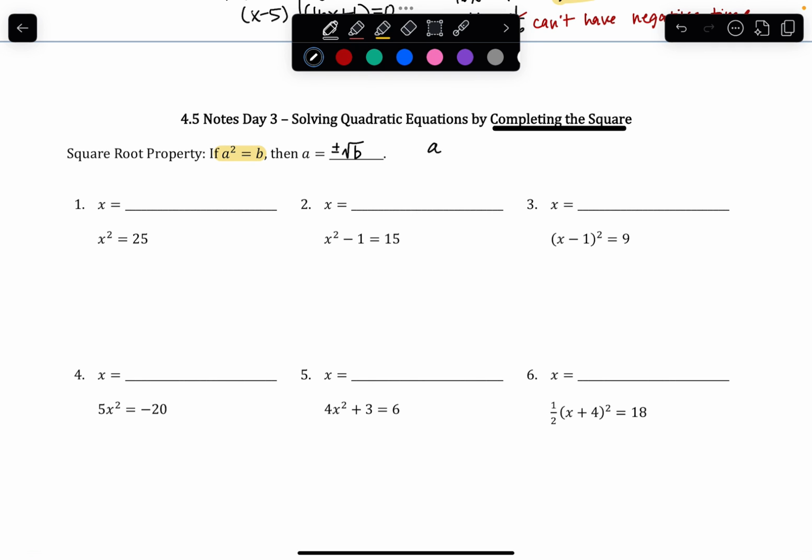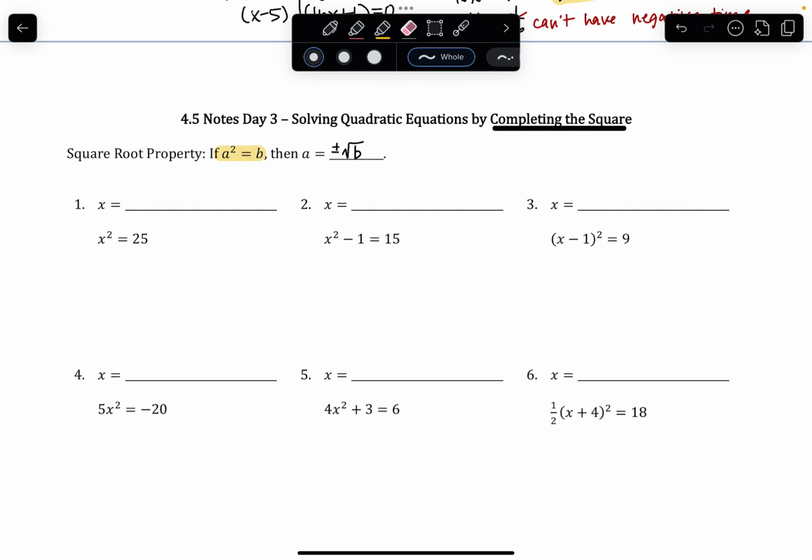For example, if I just tell you a squared equals 25, then a could have been 5 or a could have been negative 5. Because both 5 squared and negative 5 squared would give us a positive 25. So that square root property just basically says that you have the positive and negative square root.